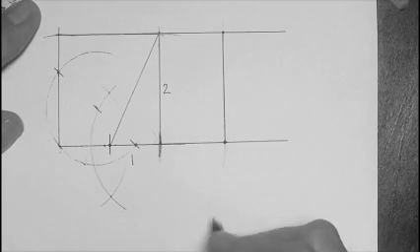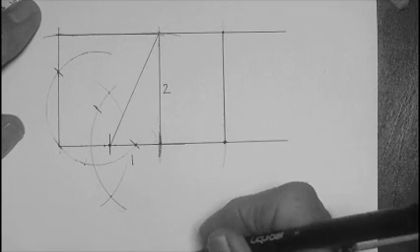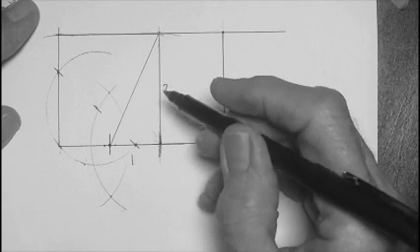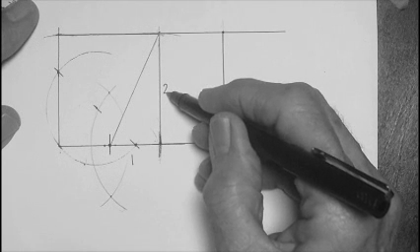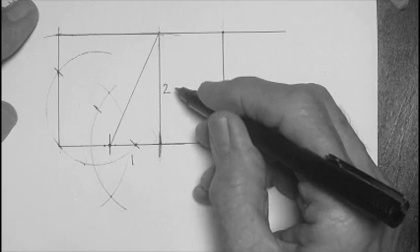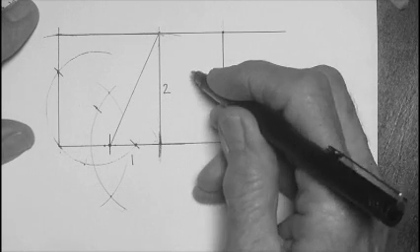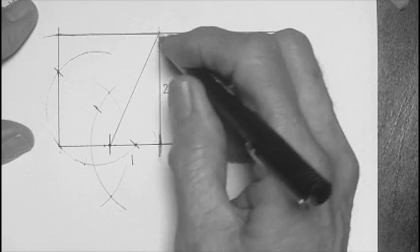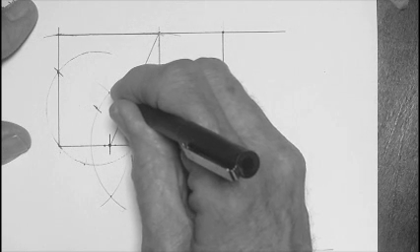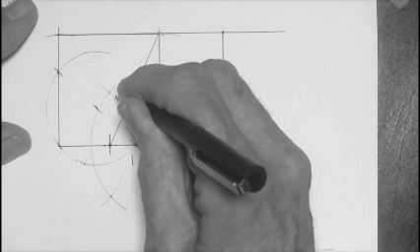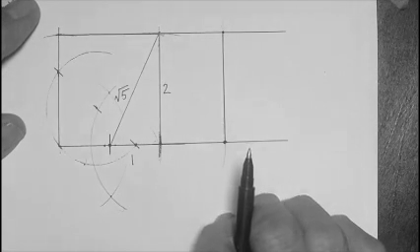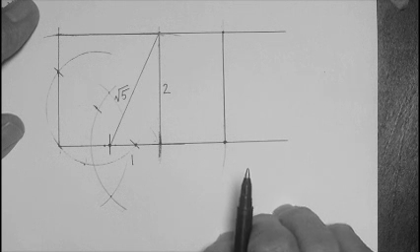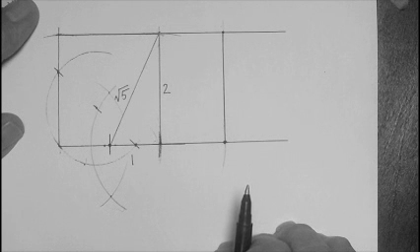And if you'll remember our trusty Pythagorean theorem, that is a squared plus b squared equals c squared, you've got 1 squared plus 2 squared. 1 squared would be 1, 2 squared would be 4, 1 plus 4 is 5, so this side here squared has to be 5, which means that this side here has to be the square root of 5 in its length. Now that doesn't work out too easily. It's going to be an irrational number, but we can just leave it like that for now.